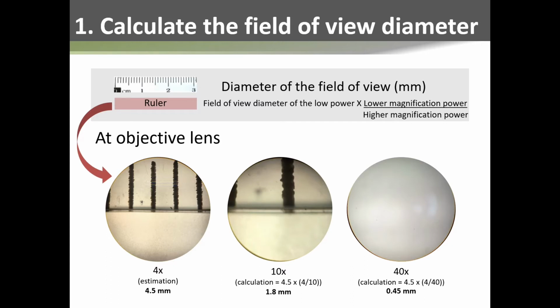At 40x, the field of view diameter is 4.5 times 4 divided by 40. The answer is 0.45 millimeter. You see that the higher the magnification, the narrower the area that appears in the field of view.